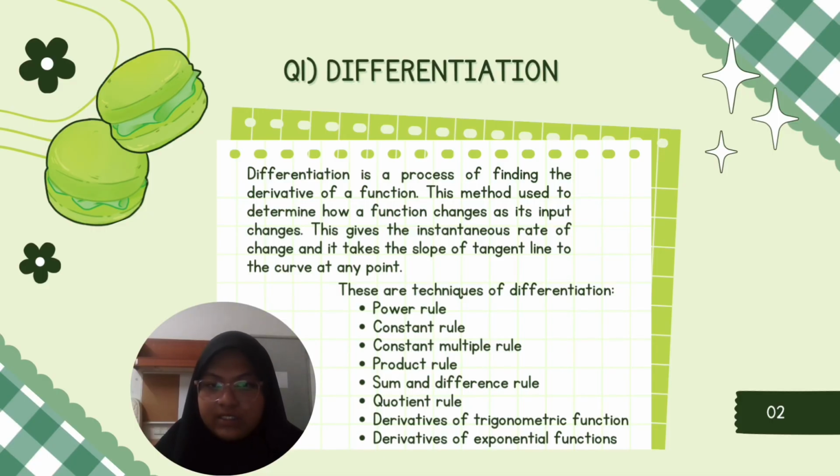This gives the instantaneous rate of change, and it takes the slope of the tangent line to the curve at any point. There are techniques of differentiation. First is power rule, constant rule, constant multiple rule, product rule, sum and difference rule, quotient rule, derivative of trigonometric function, and derivative of exponential function.